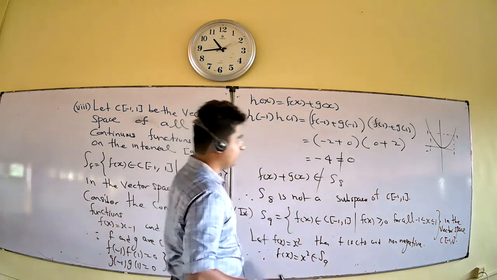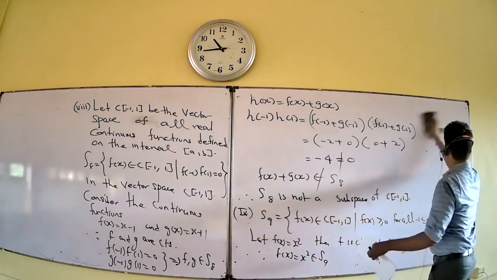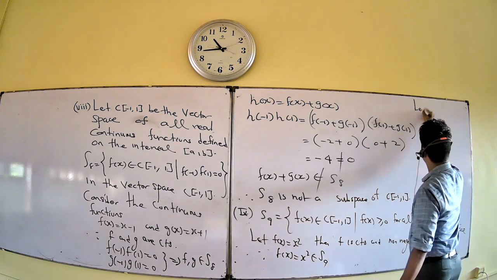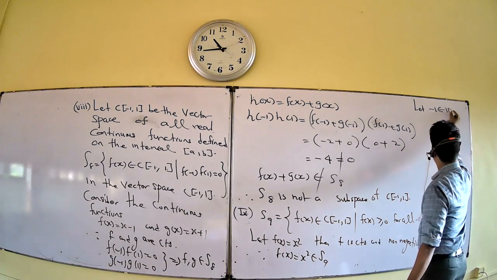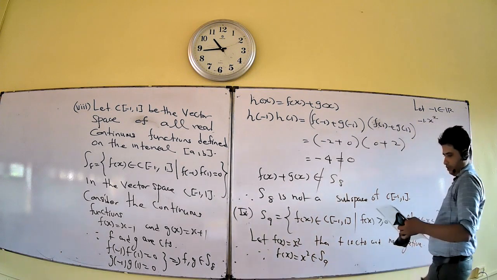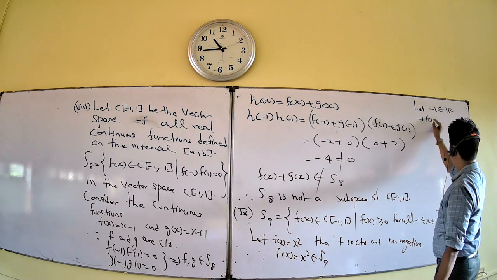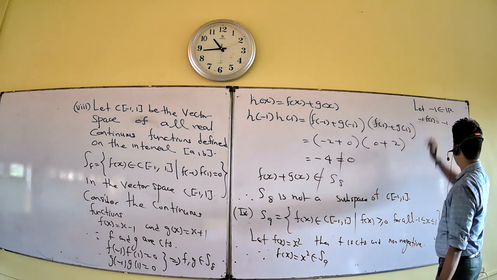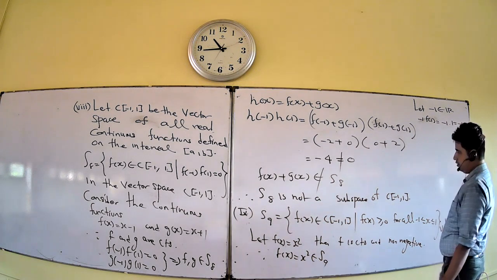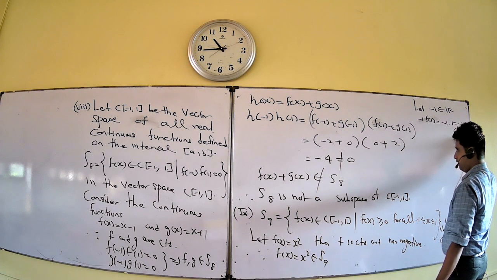Now take one of the scalars. Let minus 1 belong to the real numbers. What about minus 1 into x squared? Just take minus 1 into f of 1. f of 1 means 1, so again minus 1. But this is not an element of S9.